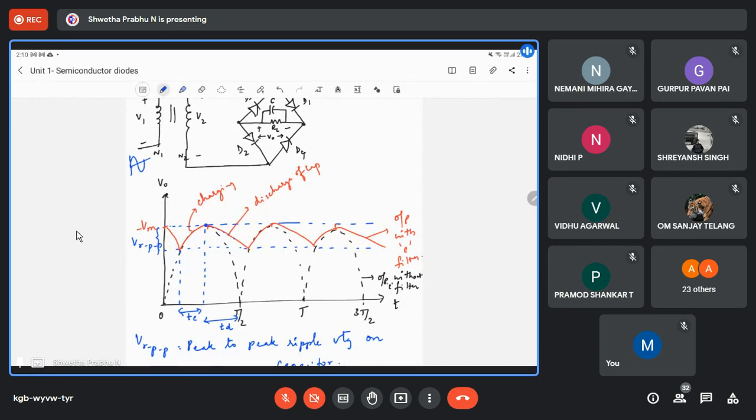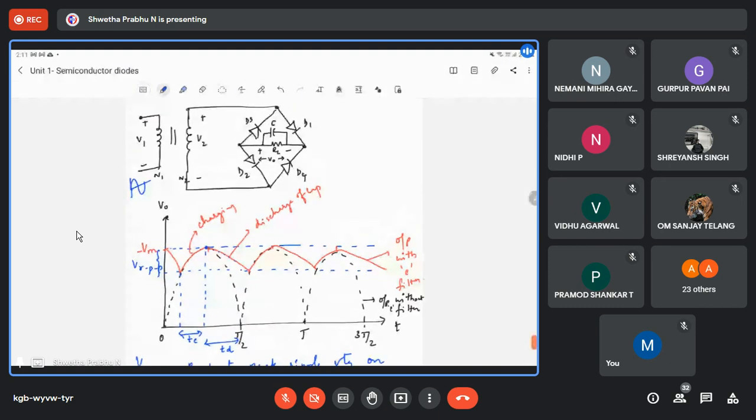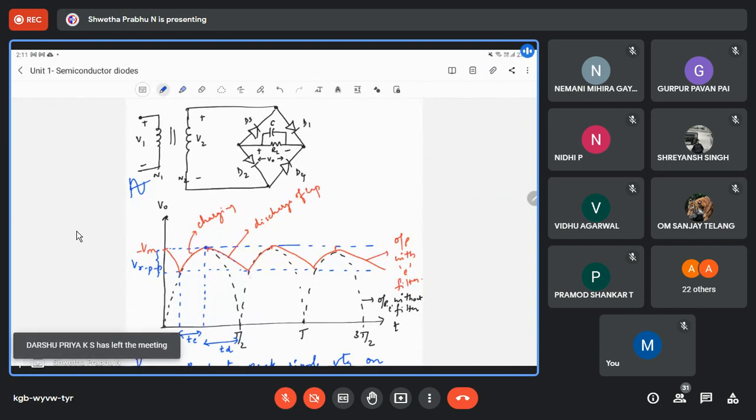As soon as the transformer secondary voltage falls below Vm, diodes D1 and D2 stop conducting. As a result, the capacitor goes to the discharge state. Again, for the next half cycle, that is the negative half cycle, the capacitor starts charging as diodes D3 and D4 conduct. It charges to the peak value Vm.